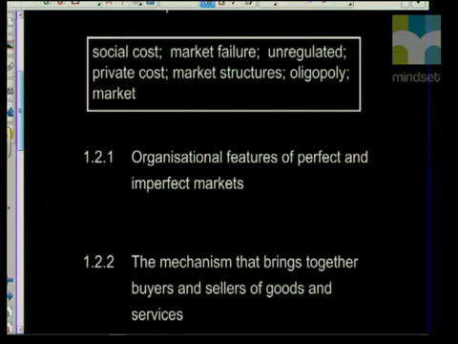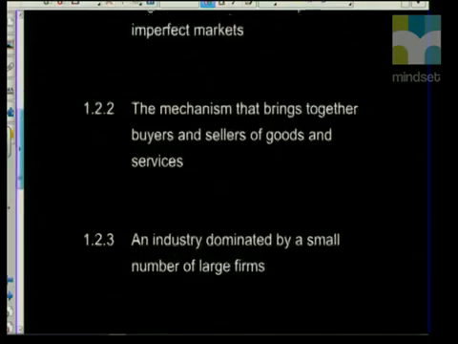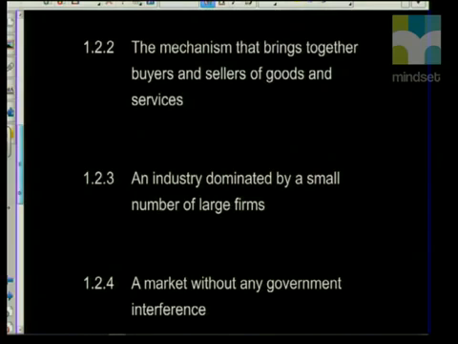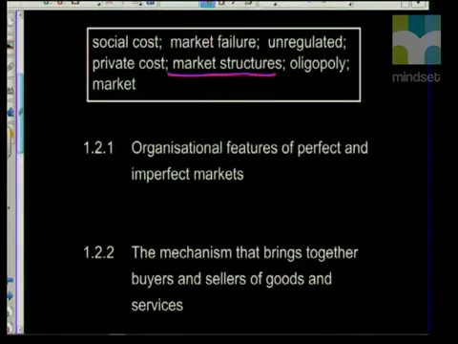Now, question 1.2.1, organizational features of perfect and imperfect market. That refers to market structures. 1.2.2, the mechanism that brings together buyers and sellers of goods and services. Let's look at the options again.